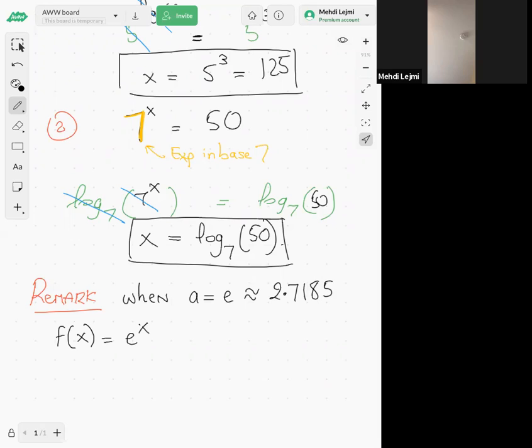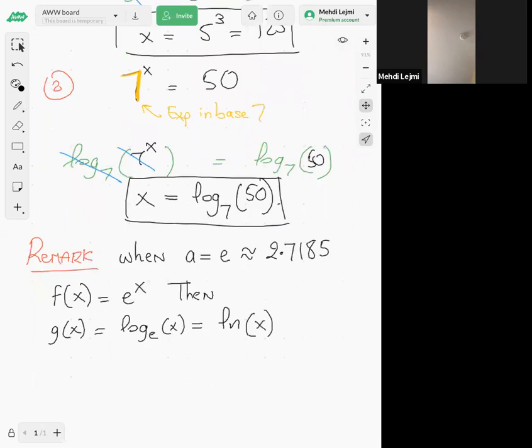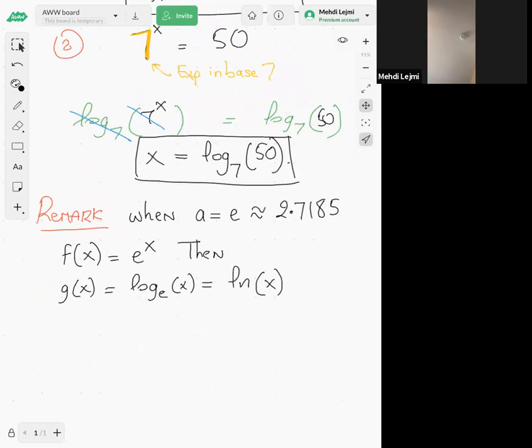But then the inverse, the log, g of x, which is the log in base e of x, is called a natural log, ln of x. When the base is e, this special number, we call the log natural log. It's natural in physics in some sense.